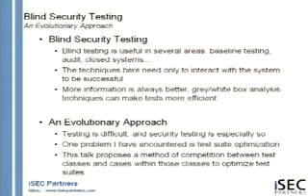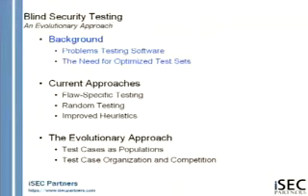The talk proposes a method of competition between test classes, and test cases within those classes, to optimize those test suites, and that's where the evolutionary part comes in. This talk will be in 3 parts. The first is background, where I hope to prove to all of you that optimization is necessary and important, and that we're going to have to do it if we're going to move forward as a security industry.